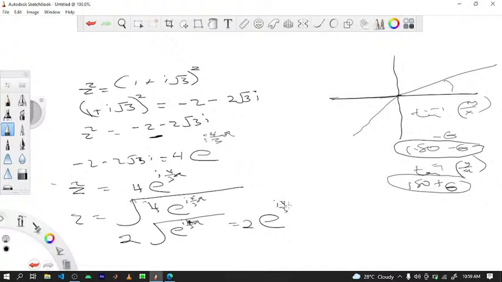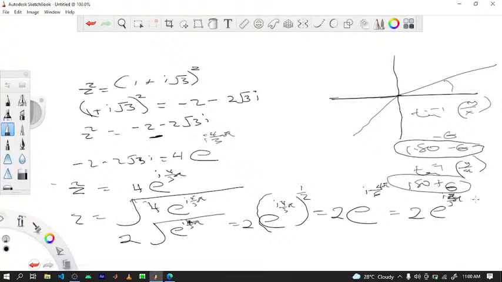This is the same as 2 e to the power i 4 over 3 pi to the exponent half, because you know that the square root of any number means that number to the power half. This yields 2 e to the power i 4 pi over 6, which becomes 2 e to the power i 2 over 3 pi.